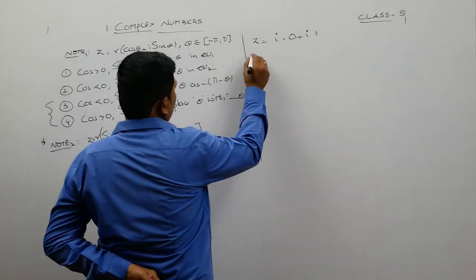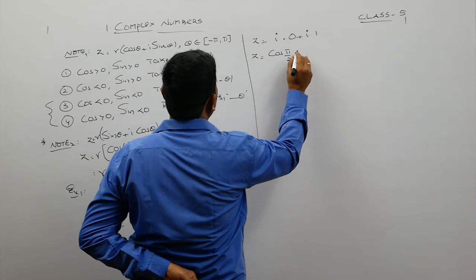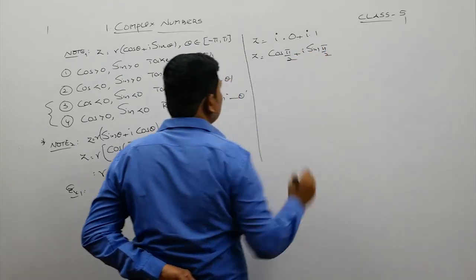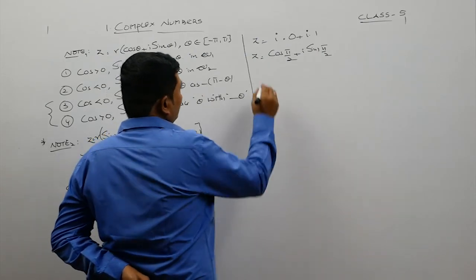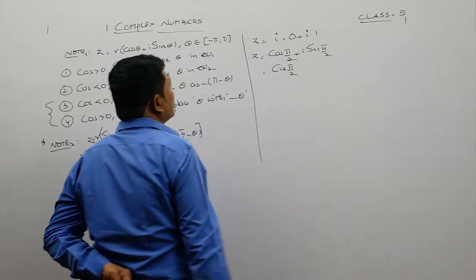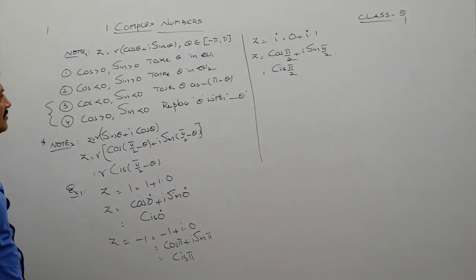Now write this one as z is equal to cos pi by 2 plus i sin pi by 2, and this is equal to cis pi by 2. So cos 90 plus i sin 90. Cos 90 is 0, sin 90 is 1.